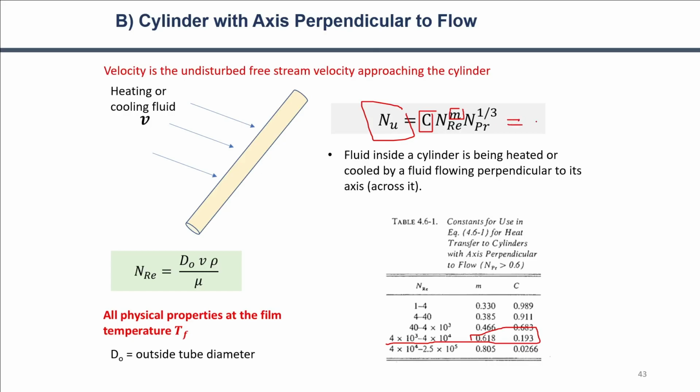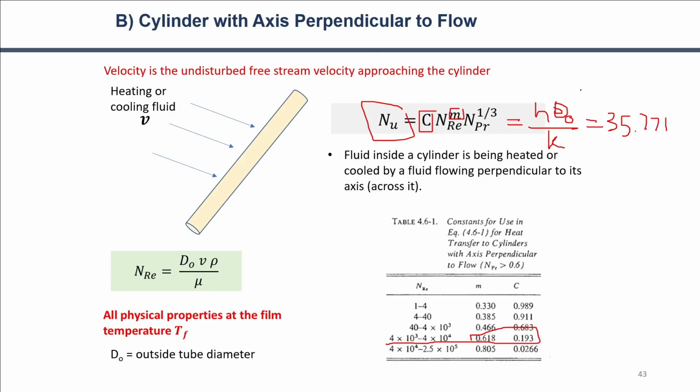Use this Nusselt correlation to find the Nusselt number. The Nusselt number will be equal to 35.771.